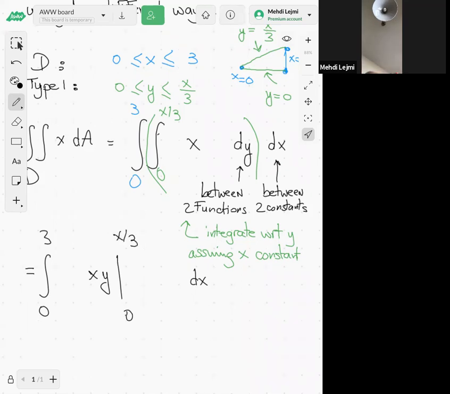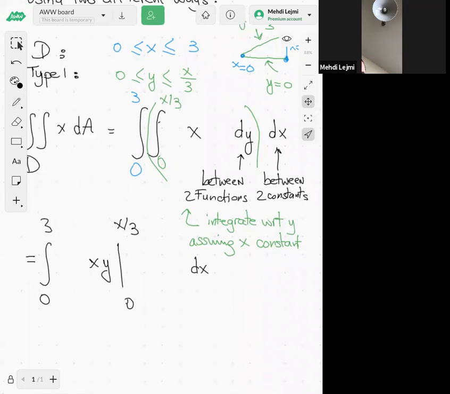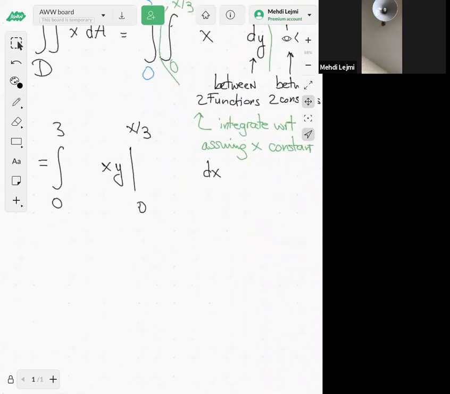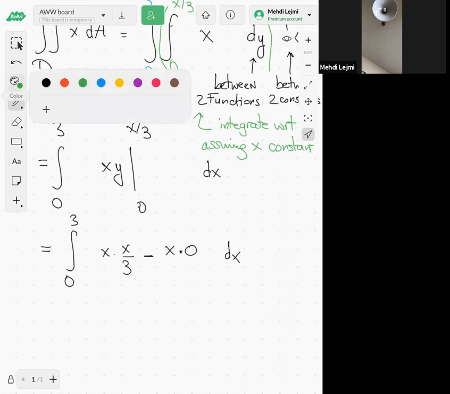Now you substitute y, because we integrated with respect to y, by x over 3 and then by 0. So here's my integral with respect to x: x times x over 3 minus x times 0. And this is just 0.